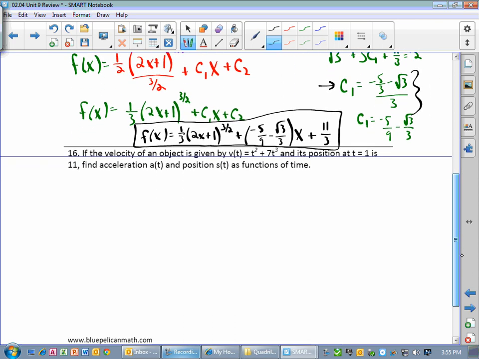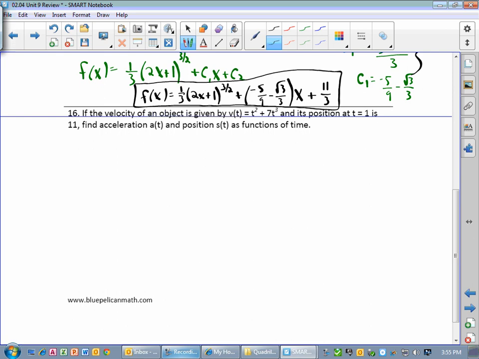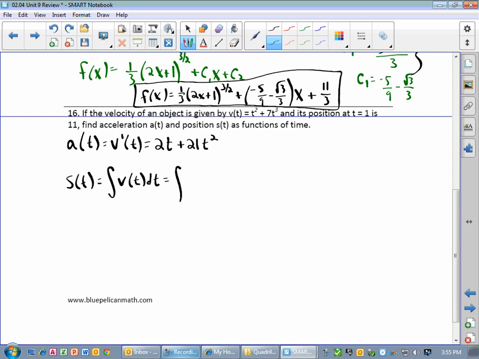So, and then finally, a velocity problem. We're given a velocity and a position, so let's find acceleration. So we recall acceleration is the derivative of velocity, which would give us 2t plus 21t squared. And what's a position function? A position function is the integral of velocity, which would be the integral of t squared plus 7t cubed, which gives us t cubed over 3 plus 7t to the 4th over 4 plus c.